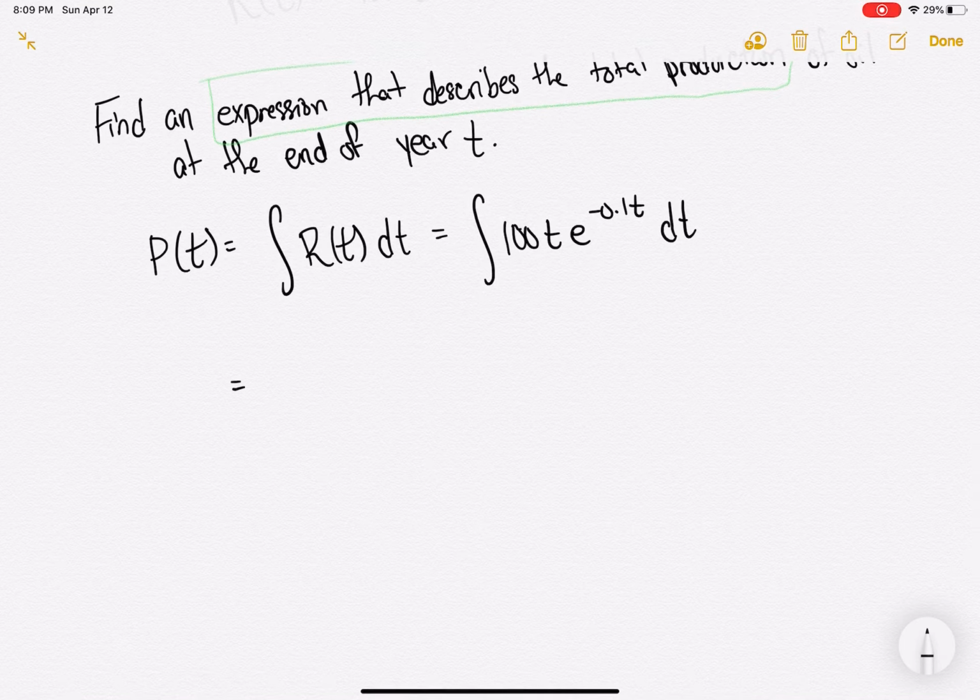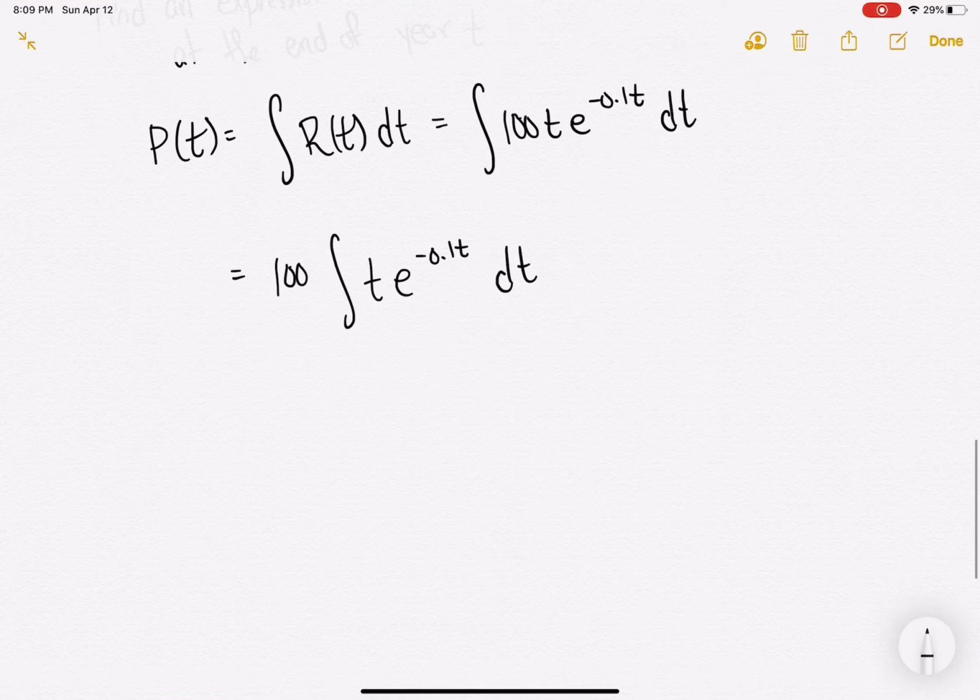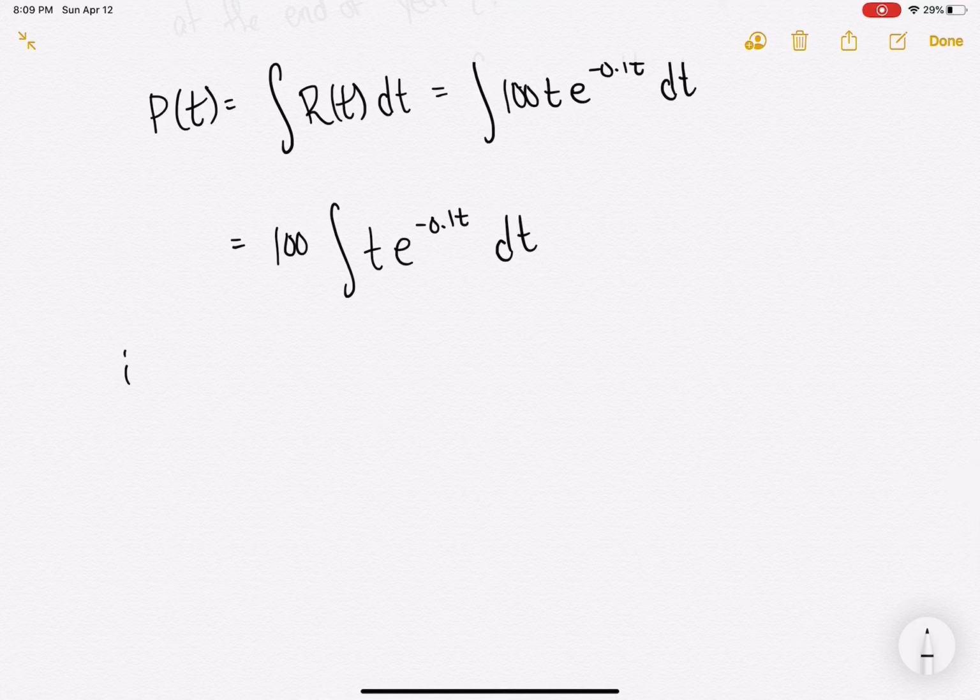And of course, this is an integration by parts problem. I'm going to pull the 100 out and just save myself a little bit of effort. We just follow our priorities. So integration by parts. Step 1, identify u and v. We follow our priorities on u.